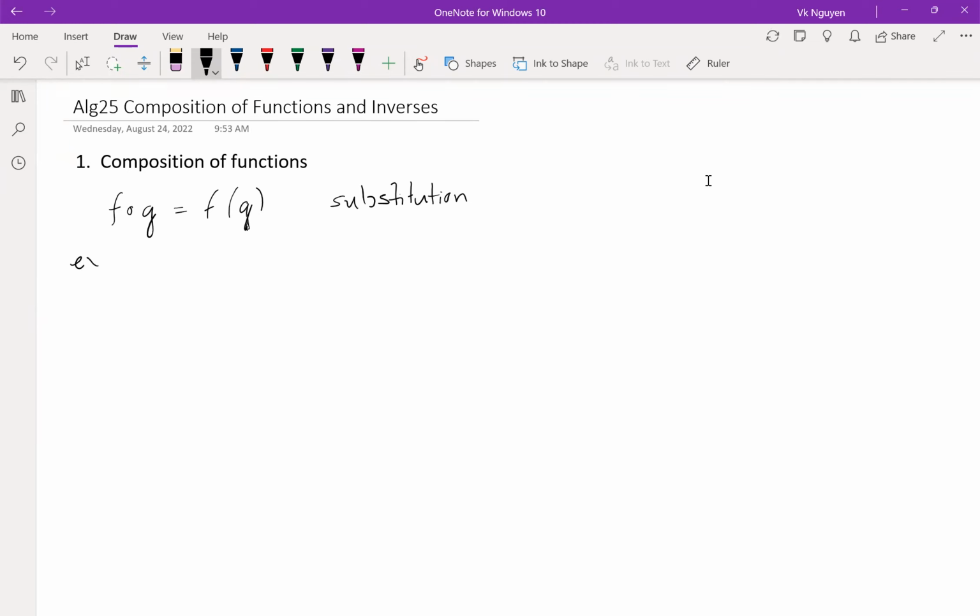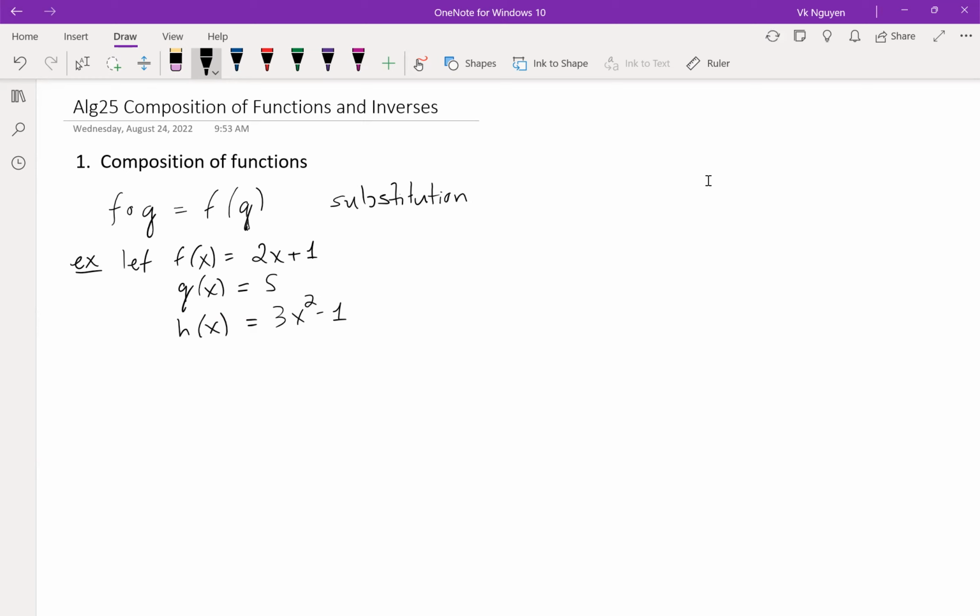Okay, example. Let f(x) equal 2x plus 1, g(x) equal 5, h(x) is 3x squared minus 1.